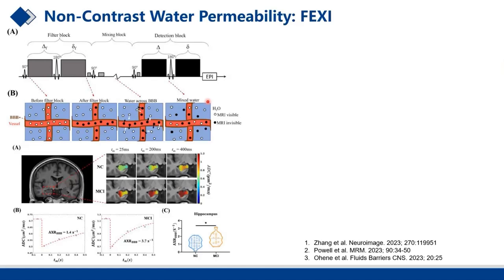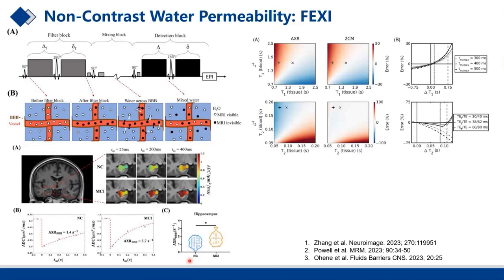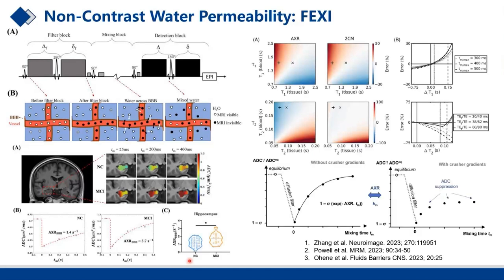It has been found that this AXR, or the exchange rate of the water across the BBB, is increased in the hippocampal region when you compare MCI with normal controls. However, it has been argued that this FEXI model itself still has some limitations, that it is highly dependent on the T1 relaxation, T2, and also the pressure gradient when you are doing all these diffusion modulations. So I guess there is still a lot of improvement to be done in this FEXI signal model.